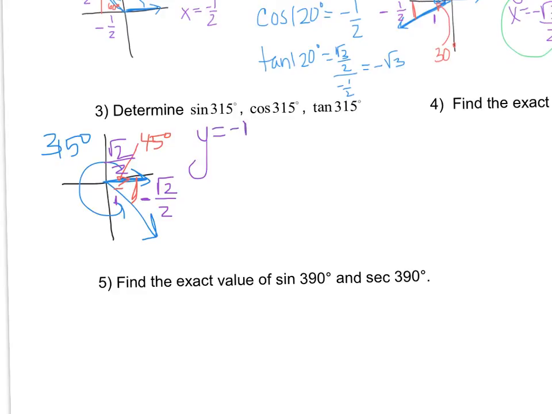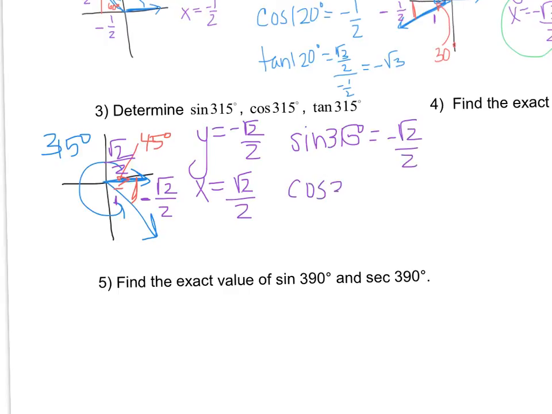So y equals negative root 2 over 2, and x equals positive root 2 over 2. So sine of 315 degrees equals negative root 2 over 2. Cosine of 315 degrees equals root 2 over 2.